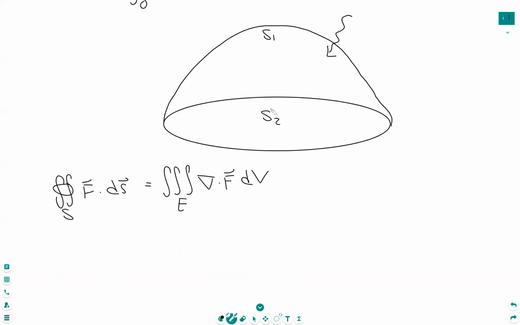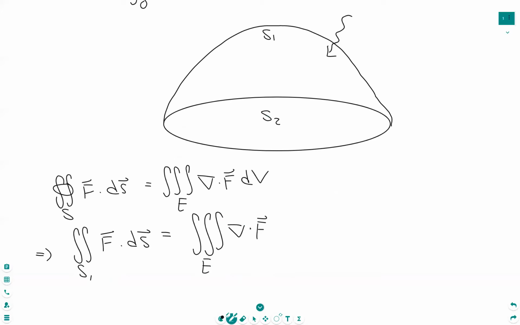But I created this S2, so if I wanted just the flux through S1, it's no longer closed. What I could do is move that flux over to the right-hand side, minus the flux over S2, because the flux of both of these together is my closed surface integral.